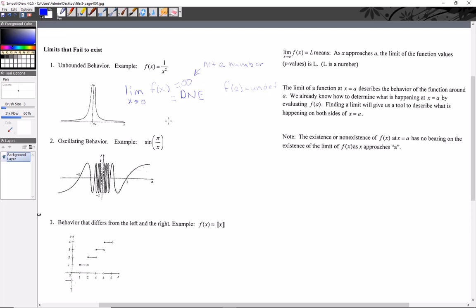So what can we say here? Just for your notes, just say that however, infinity is descriptive of the function around x equals a.